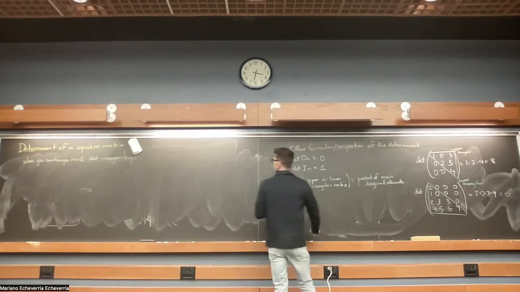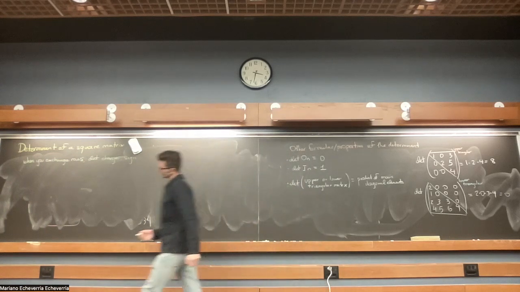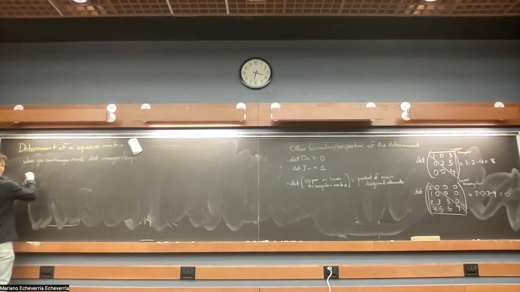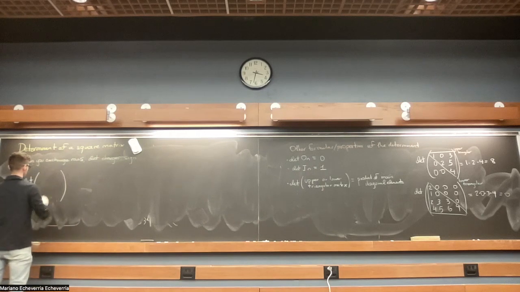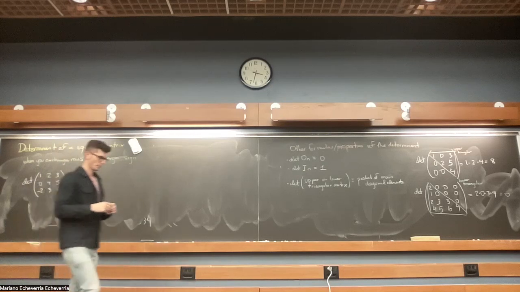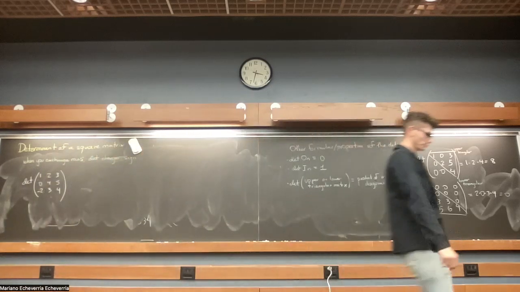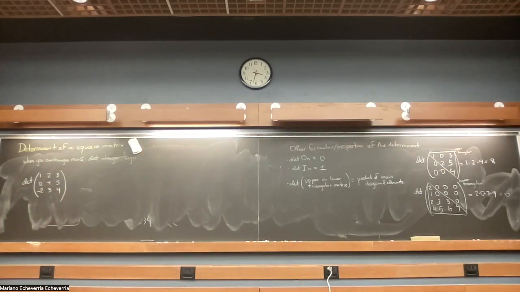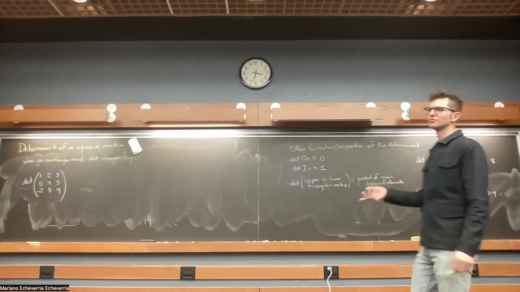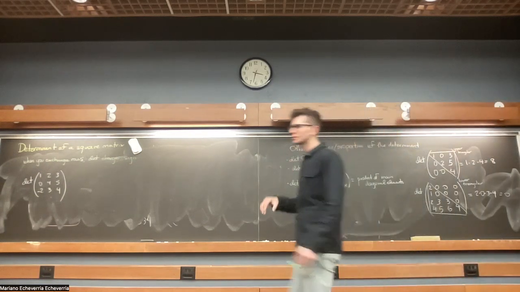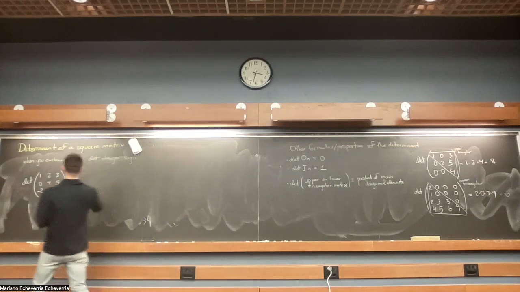So what do I mean by this? Suppose I give you the 3 by 3 matrix, and for some silly reason, you just want to exchange rows 2 and 3.